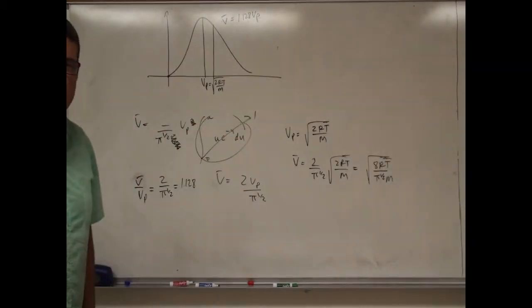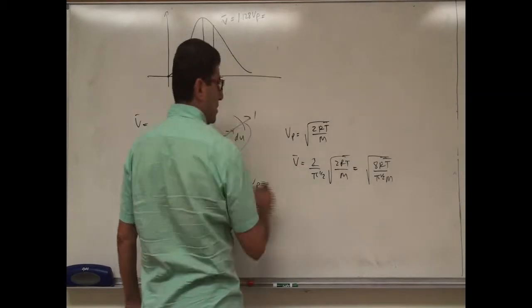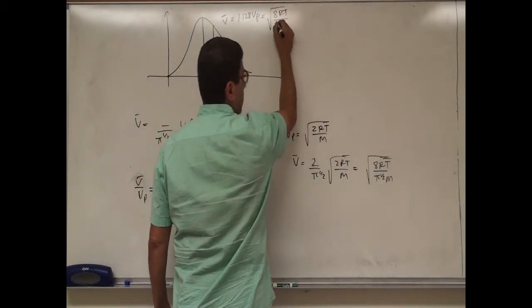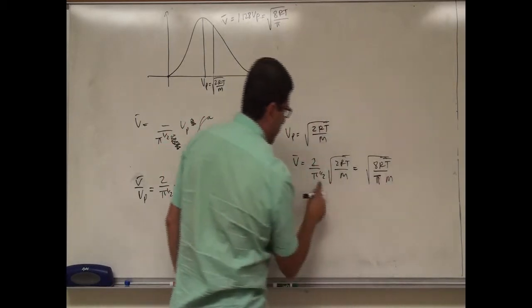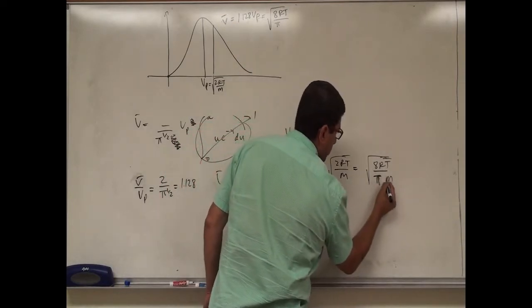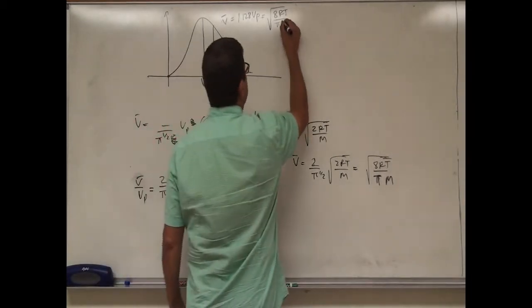So 12.8% larger, right? And that's going to be equal to the square root of 8RT over pi m. The pi to the half should disappear, right? It should just be pi, because when I bring pi to the half into the radical, it should just remain as pi. So then it should be pi m.